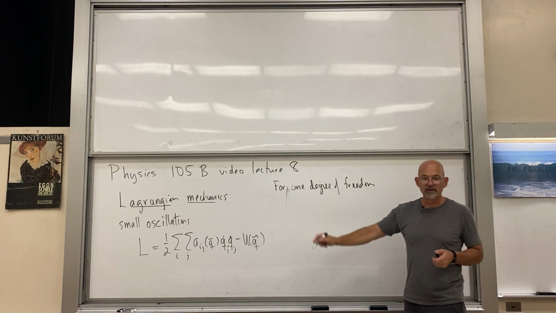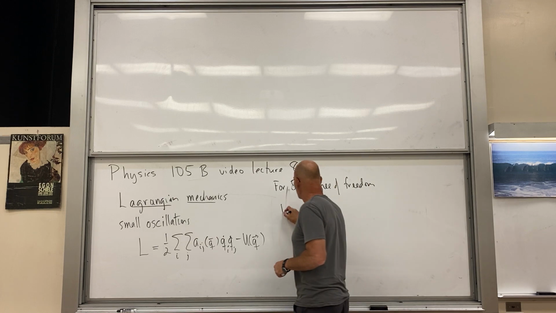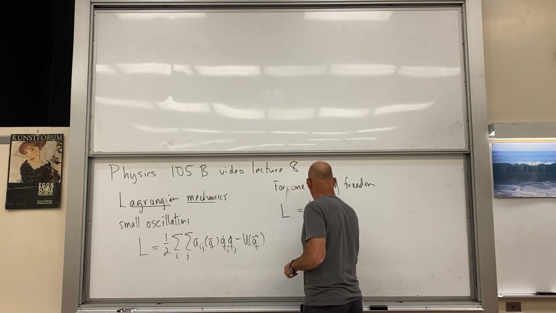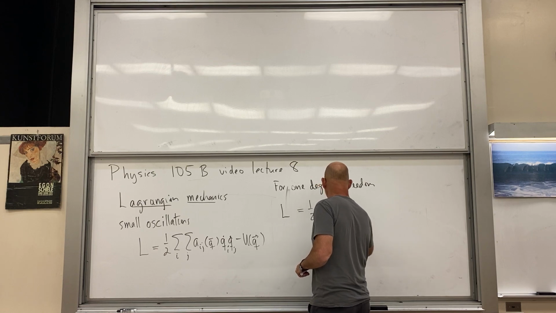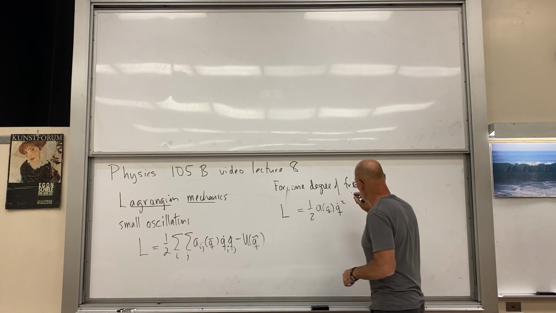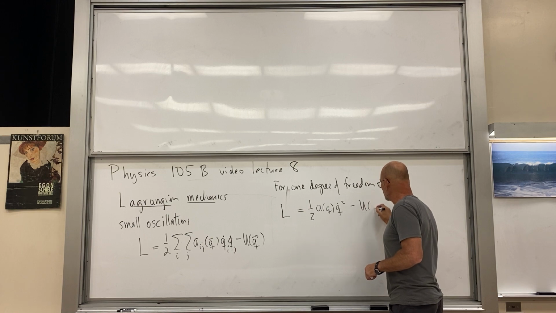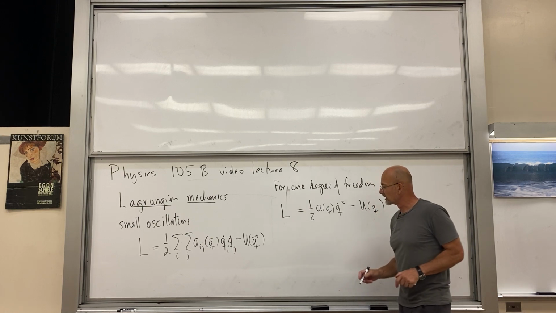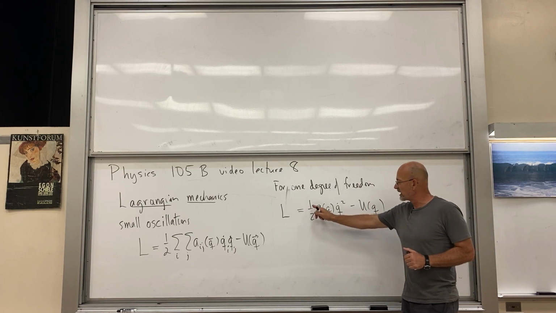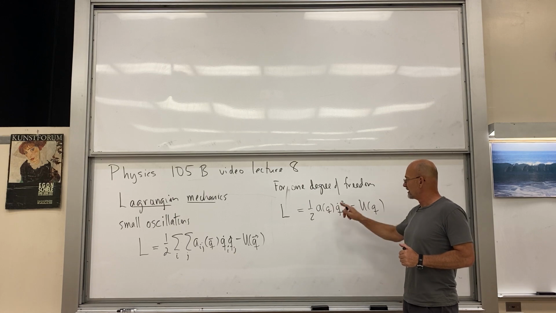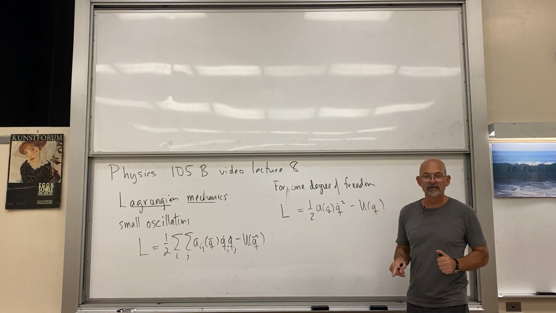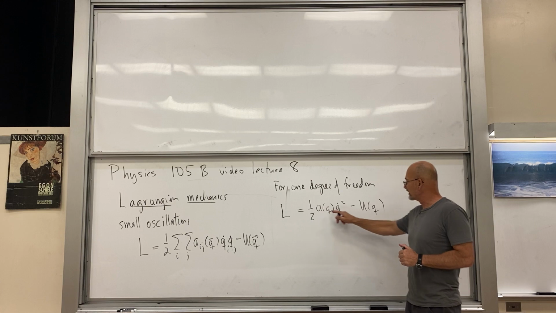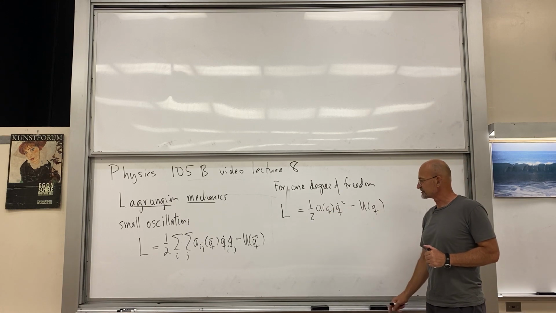What does this Lagrangian look like? L is equal to 1/2 A of q, q dot squared, minus U of q. So that's a little more general than our 1/2 m v squared minus U, right?